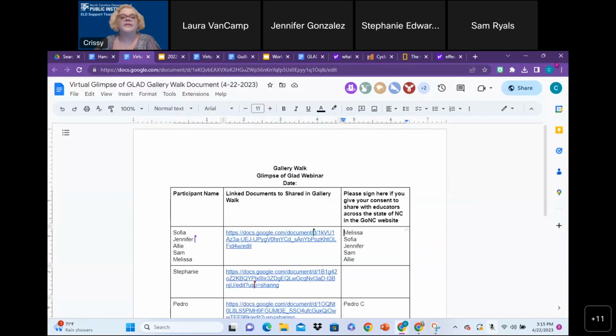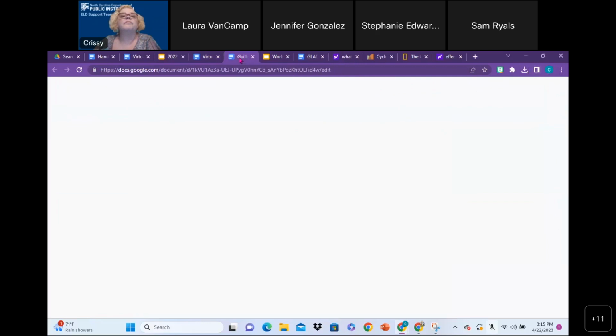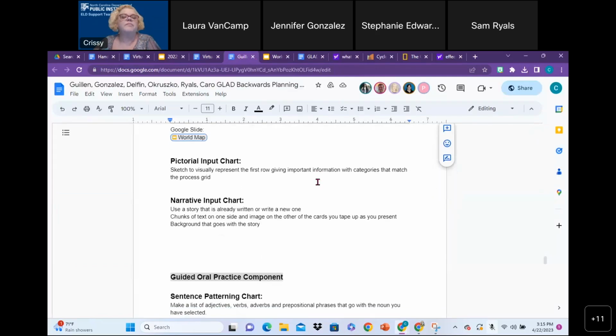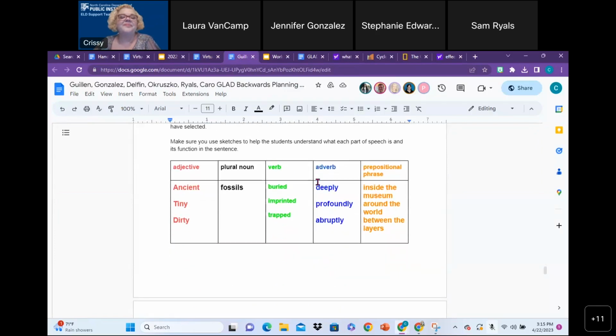Thank you. And so for the guided oral practice components, we did the sentence patterning chart: ancient fossils buried deeply inside the museum, tiny fossils imprinted profoundly around the world, dirty fossils trapped abruptly between the layers.